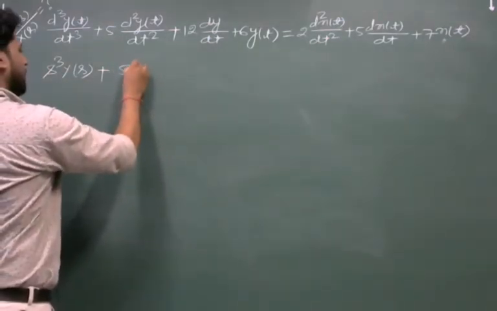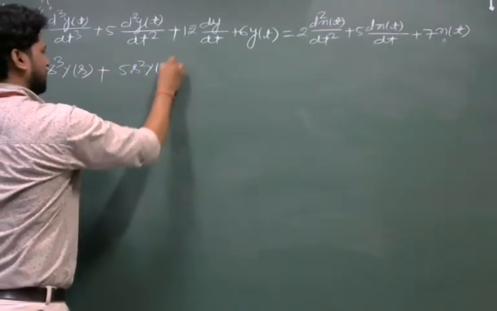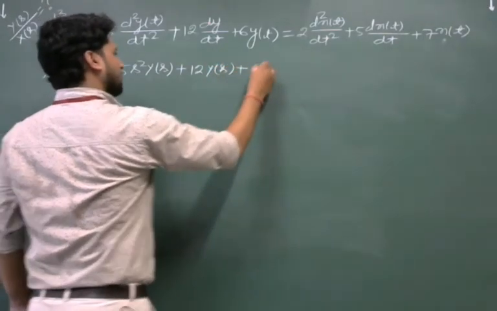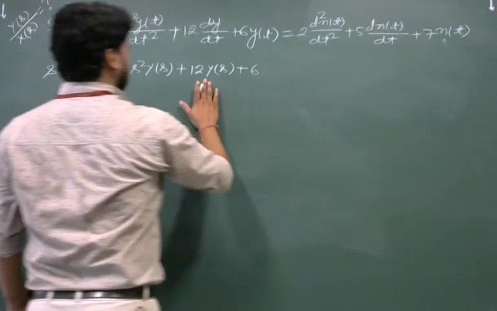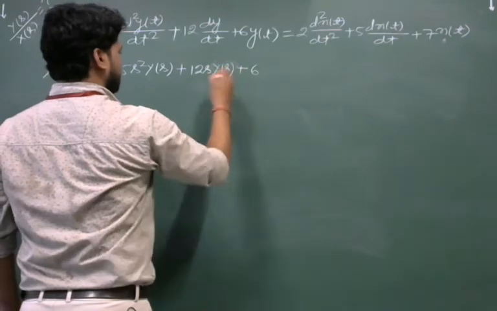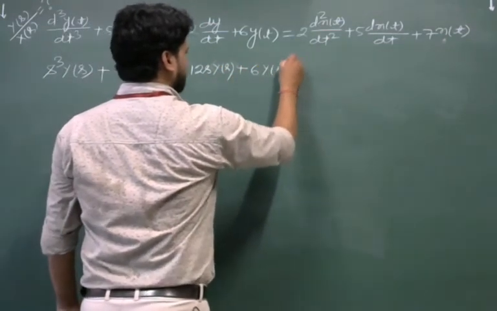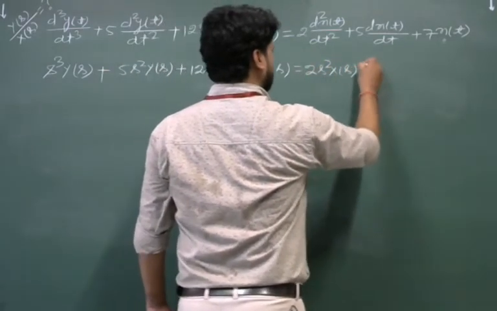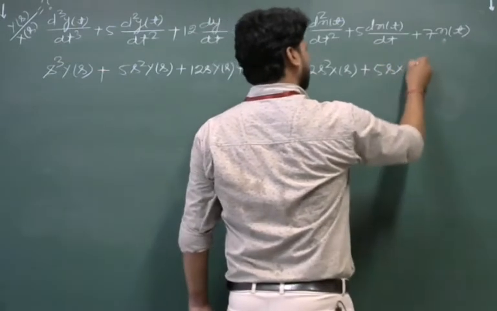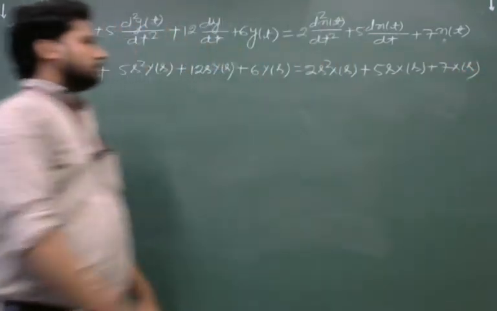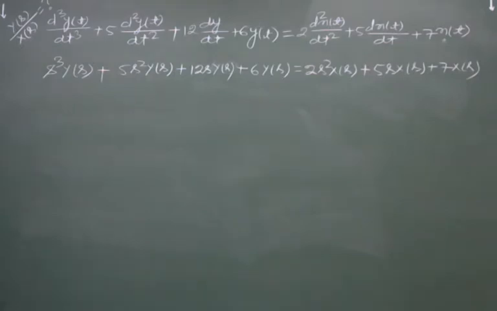This is 5 s square y of s plus 12 s times y of s plus 6 times y of s is equal to 2 s square x of s plus 5 s into x of s plus 7 times x of s. This is how we can apply the time differentiation property of the Laplace transform.